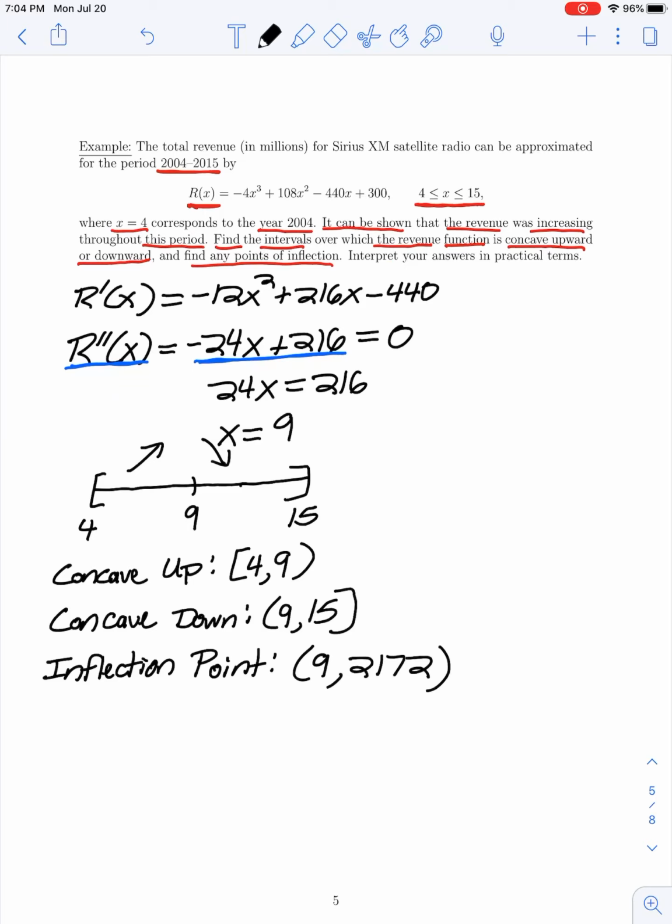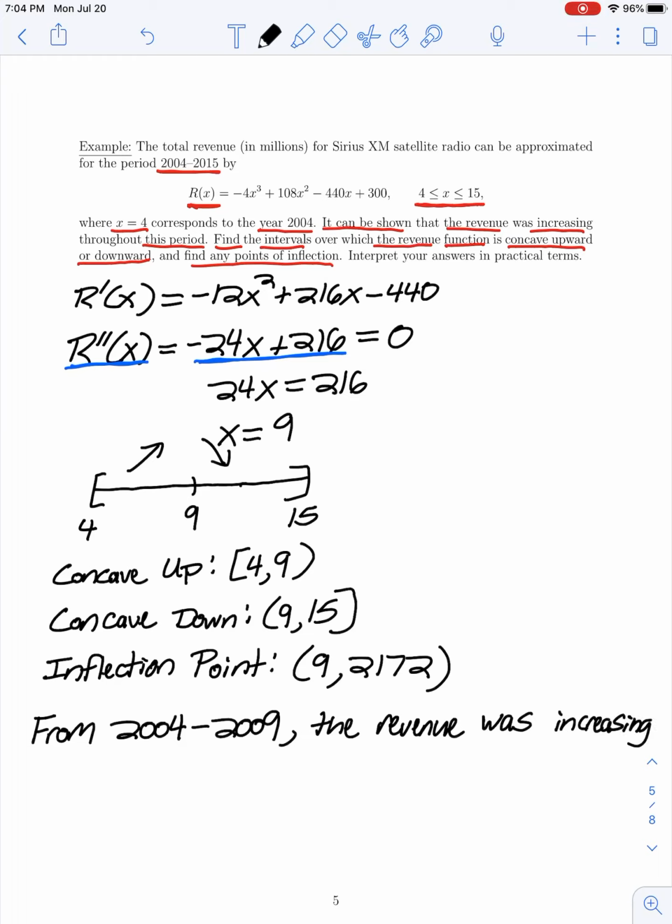So for our interpretation of this answer in practical terms, we could say, well, on the interval from 4 to 9, so that is in the time period from 2004 to 2009, the revenue was increasing at an increasing rate.